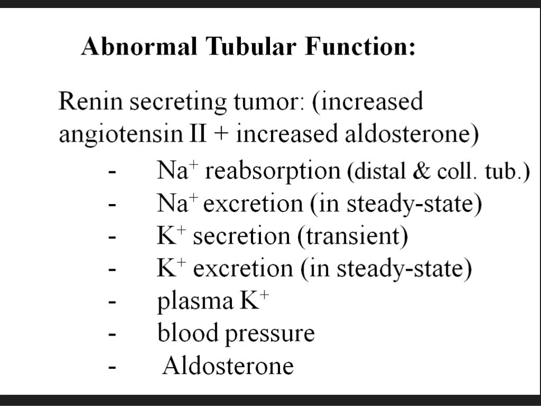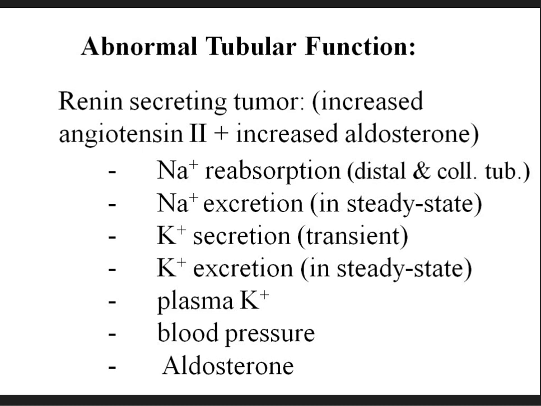Then coming to the abnormal tubular functions. Now I'll be telling you some conditions in which the tubular function becomes abnormal. Like renin secreting tumors. Some tumors secrete renin to a very high extent. So they increase angiotensin 2 levels, of course, and increase aldosterone levels.